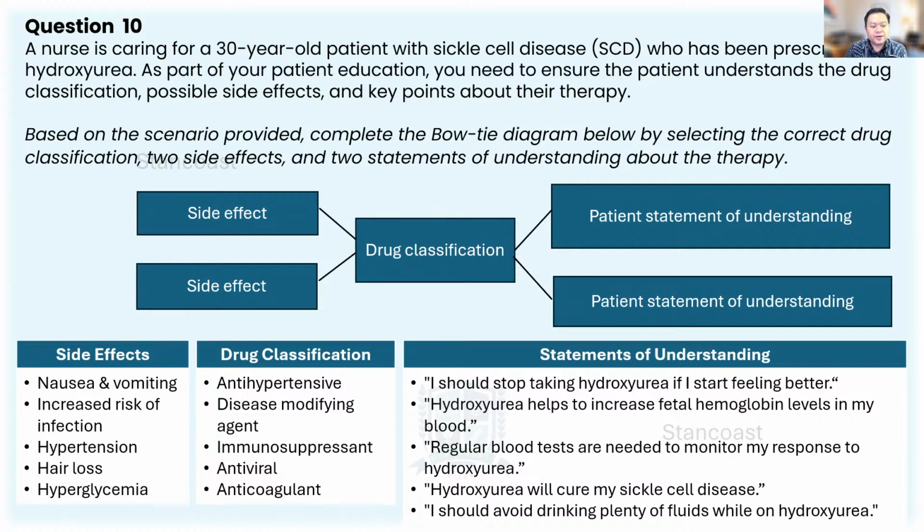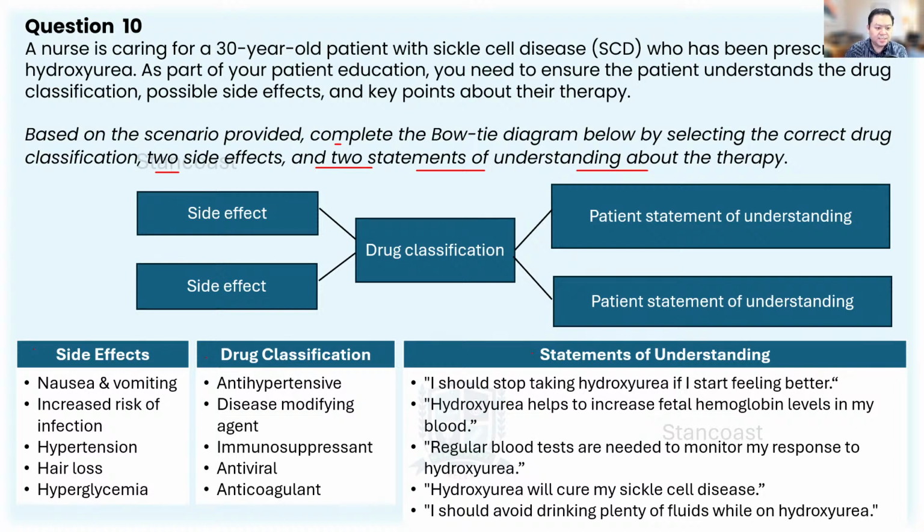Based on the scenario provided, you're supposed to complete the bow tie diagram below by selecting the correct drug classification, and also supplement that with 2 side effects and 2 statements of understanding about the therapy. So you have your options for the side effects, the drug classification, and the statements of understanding.